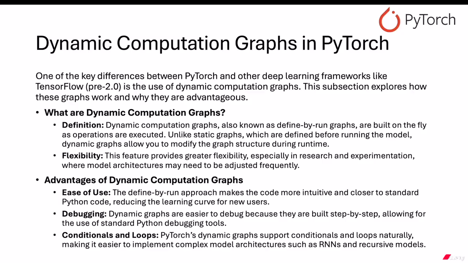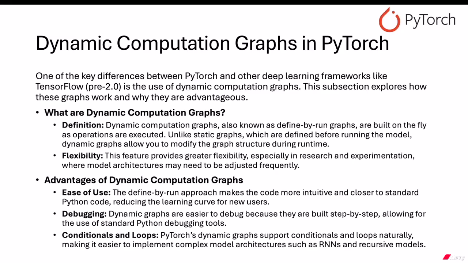Unlike static graphs, which are defined before running the model, dynamic graphs allow you to modify the graph structure during runtime. Flexibility. This feature provides greater flexibility, especially in research and experimentation where model architectures may need to be adjusted frequently.